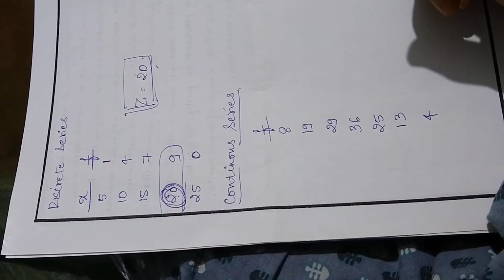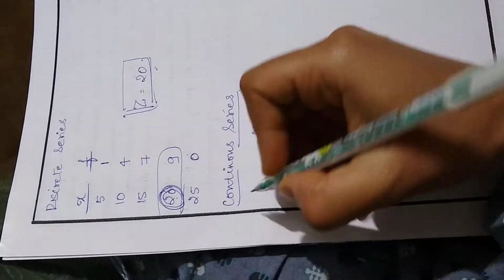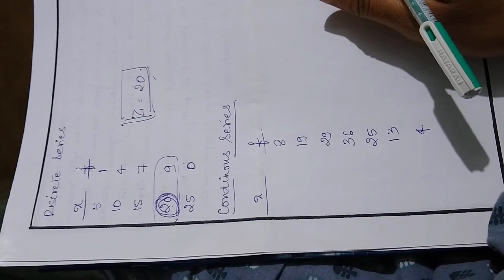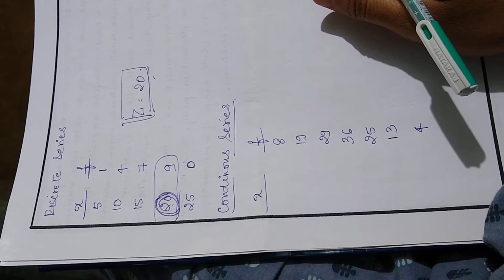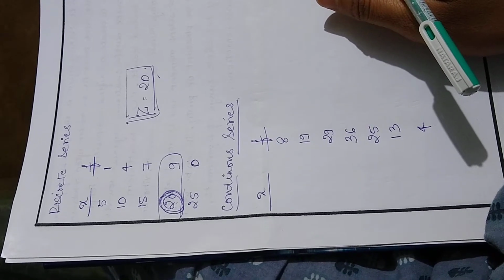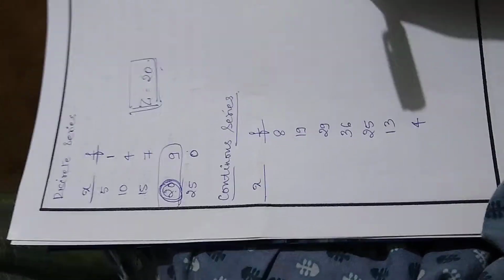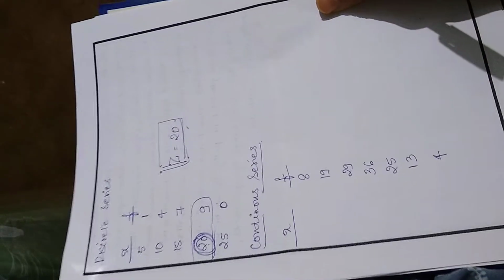Okay. So in this particular problem, you can see that the percentage marks, that is your x value, is given in an inclusive series. So what you have to do is convert it to exclusive series.